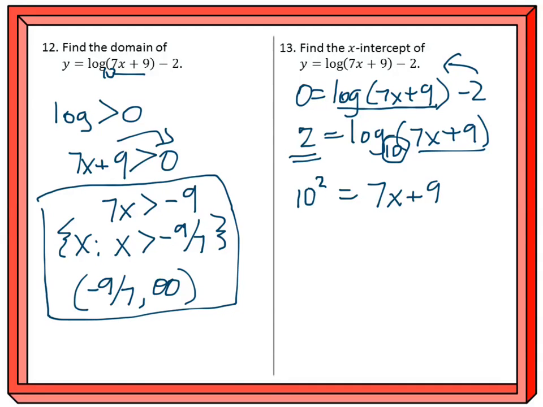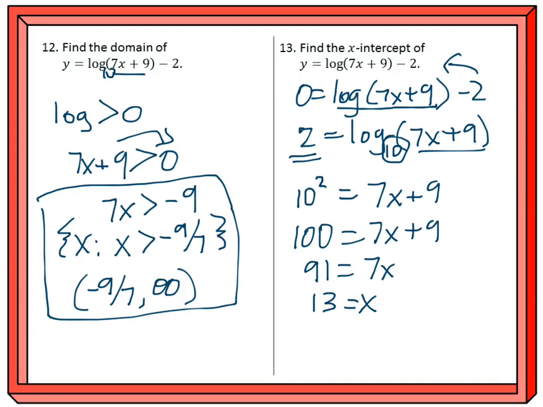Okay, so 10 squared is 100, equals 7x plus 9. And then I want to subtract the 9 over. I get 91 is equal to 7x. And then finally divide by 7. So x is equal to, and 7 goes in there exactly 13 times. So your x-intercept is (13, 0).